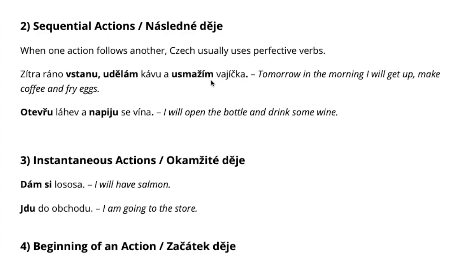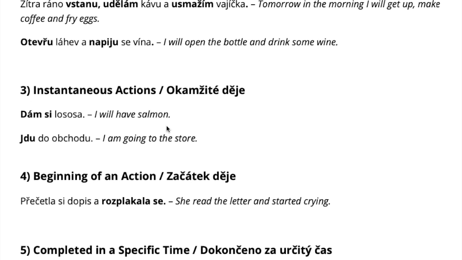Tomorrow in the morning I will get up, make coffee and fry eggs. That's a sequence, one after another. Another example, další příklad. Otevřu láhev a napiju se vína. I will open the bottle and drink some wine. You see, it's a sequence. One action goes after the other.